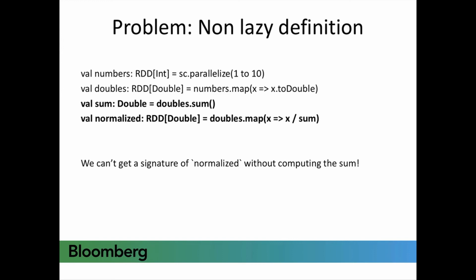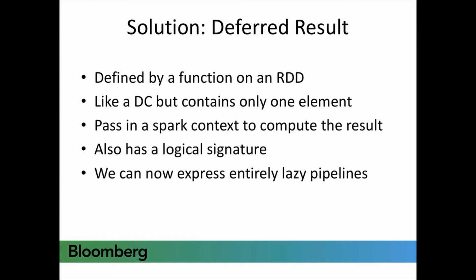The problem there is that the definition of this function depends on having this sum, which means if we're trying to hash that, we need to have it before we hash it. And to have it, we have to compute this sum. That is a problem because we're trying to avoid doing this computation. What do we do? Well, here's another abstraction. Let's call it a deferred result.